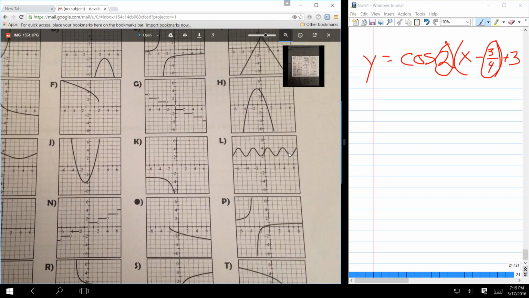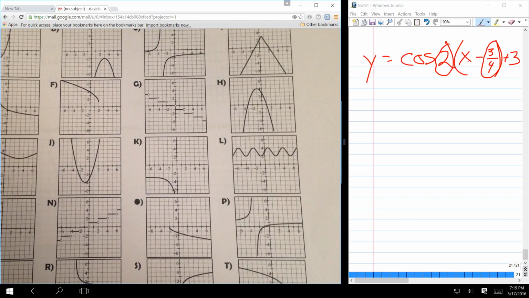I don't see the exact horizontal shift, but it's not going to be that easy to plug in a point here either. Only because, let's say we plugged in an x of, the easiest point to plug in is x of 3/4.